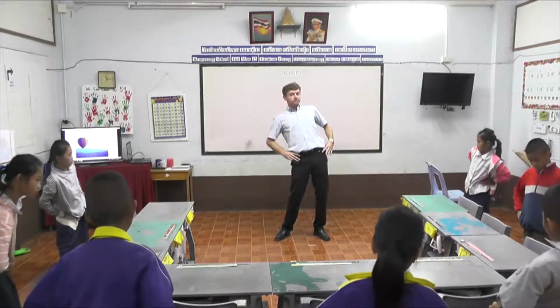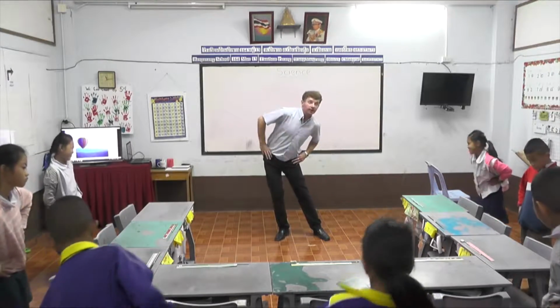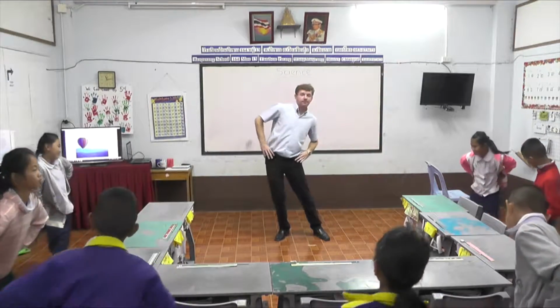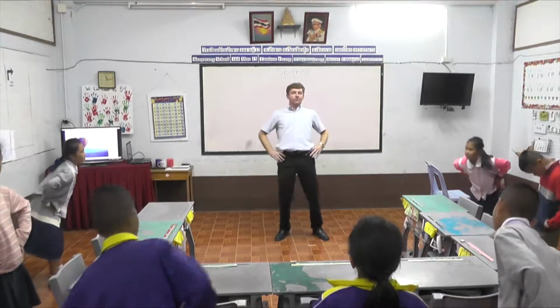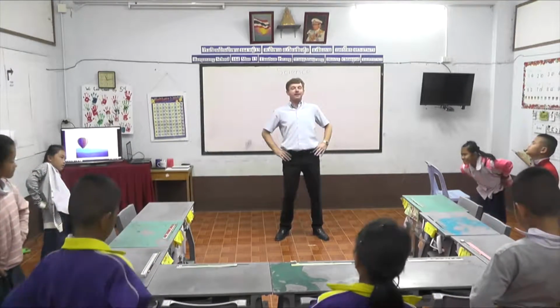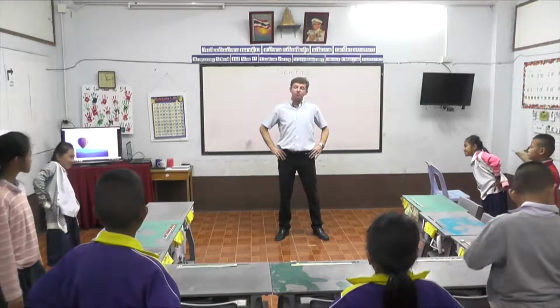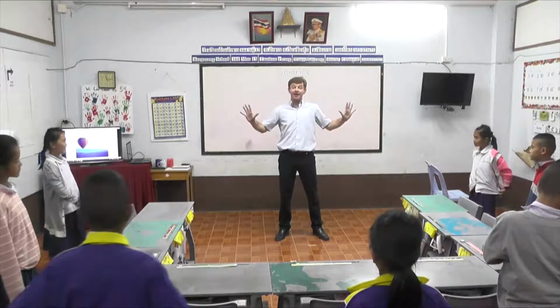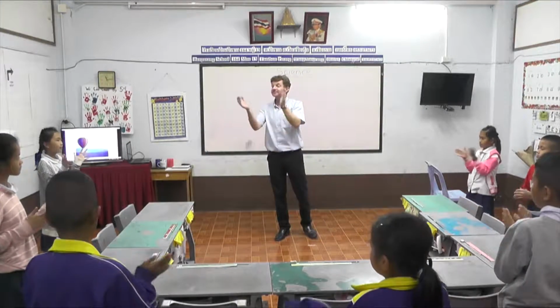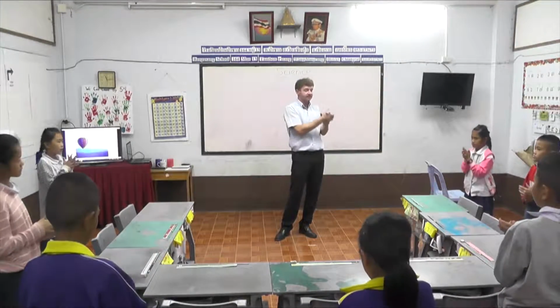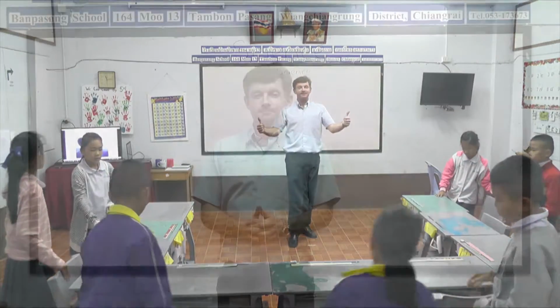And stop. Now, can we go the other way? Excellent, guys, and stop. To finish, we'll do 10 claps. 1, 2, 3, 4, 5, 6, 7, 8, 9, 10. Excellent, guys, have a seat.